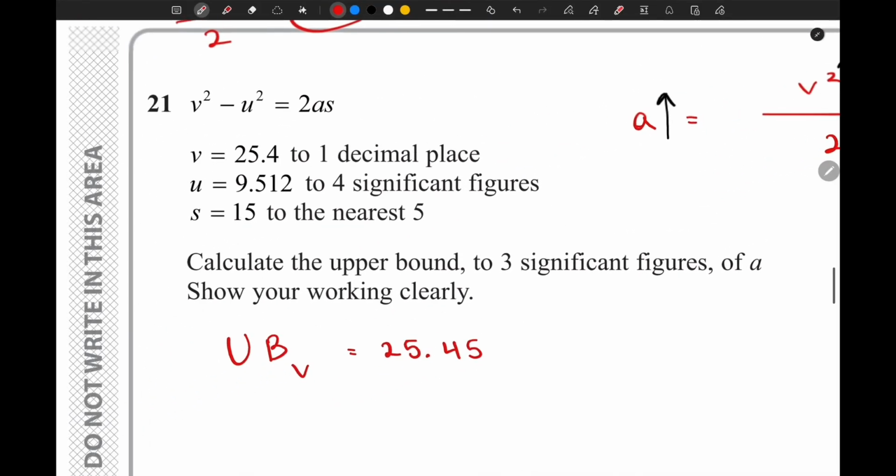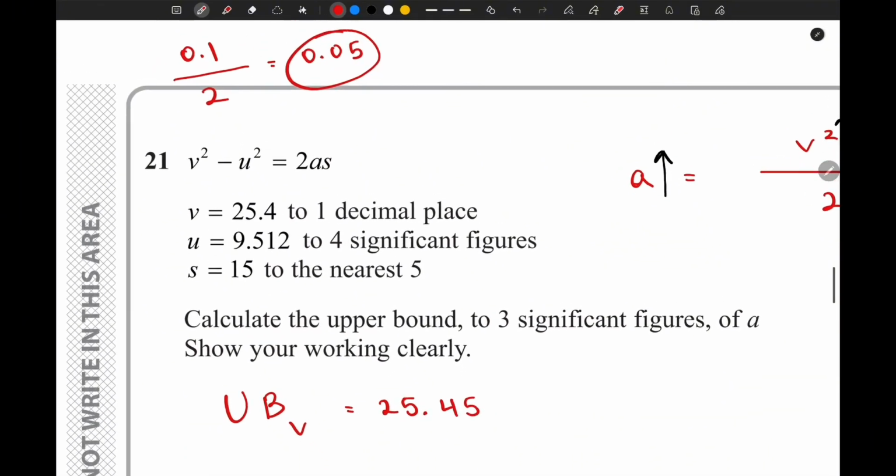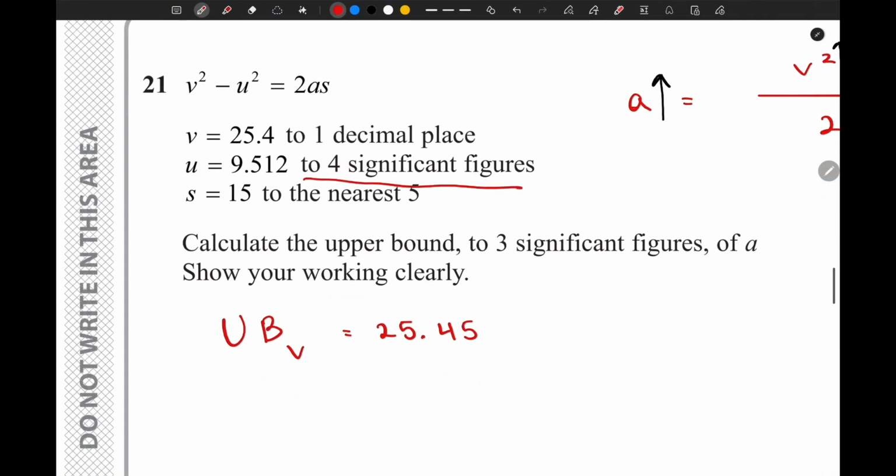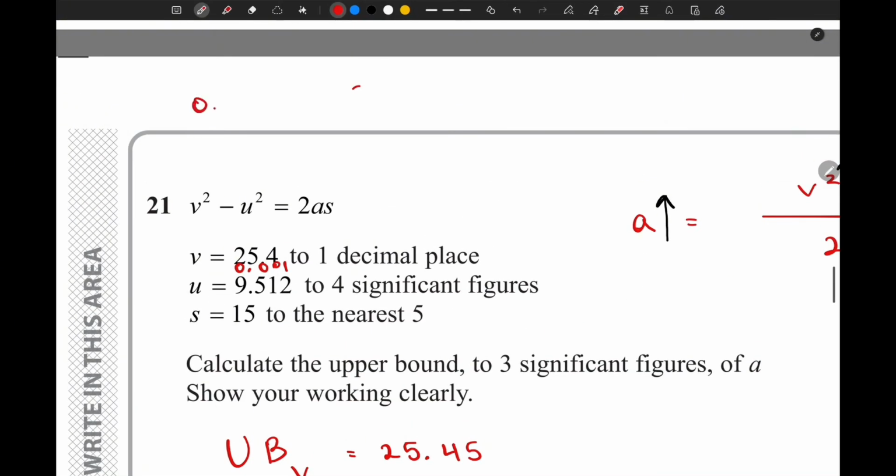Now we just need the lower bound of u. For u, it had been corrected to 4 significant figures, which means this is 0.001. So we just need to divide the degree of accuracy by 2. So this gives us 0.0005.